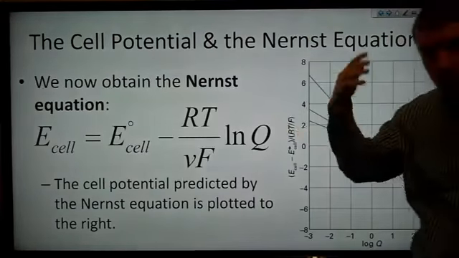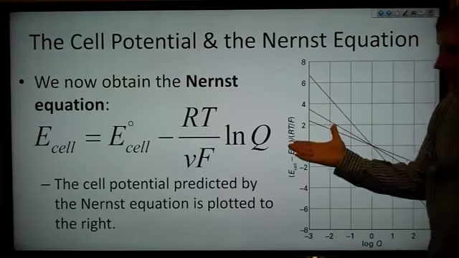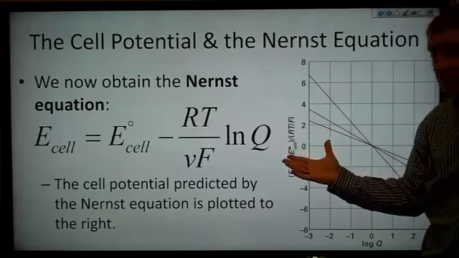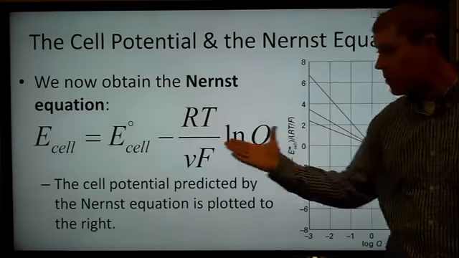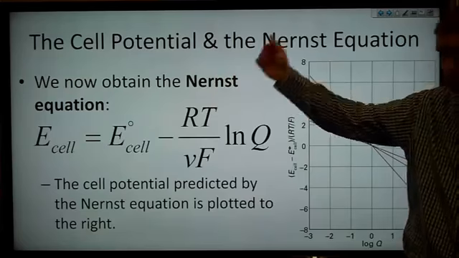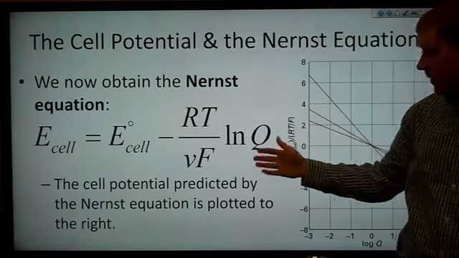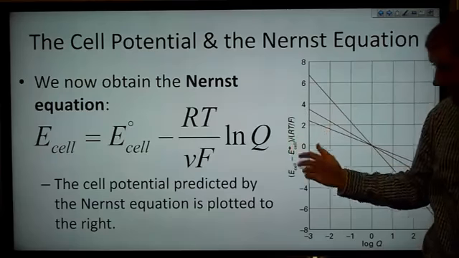And now we can get a table full of standard electrochemical cell potentials. So when we make that replacement of that first term, we get the Nernst equation. So now we have E_cell equals E°_cell, the standard cell potential, minus RT over νF times the natural log of Q.